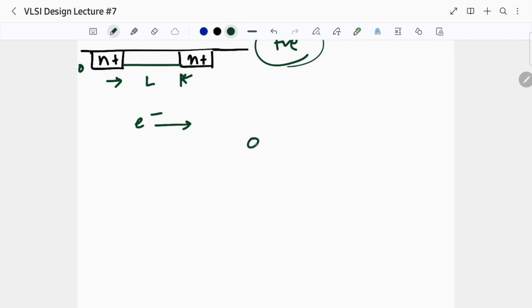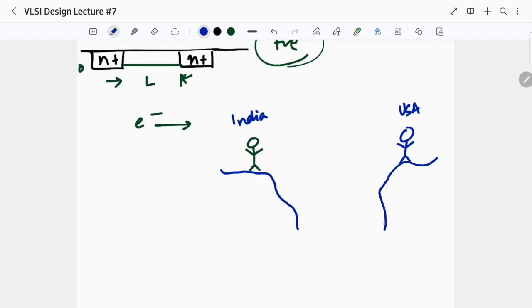Let's suppose this is you, and let's suppose this is your best friend. You are in India and your best friend is, let's suppose, in USA. So now let us have India and USA over here.